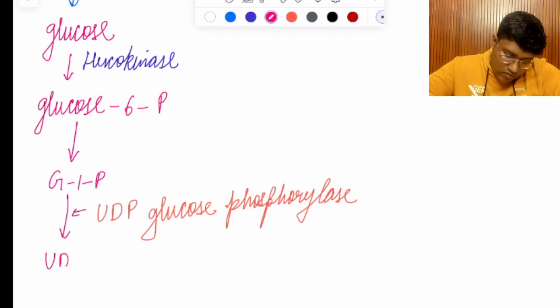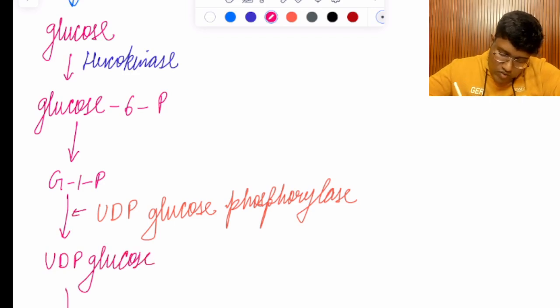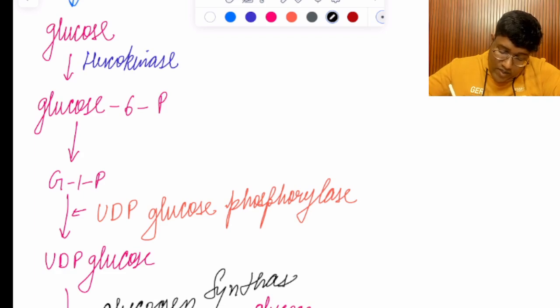It makes a UDP glucose, and this UDP glucose is going to become a glycogen when there is something called glycogen synthase, and it becomes glycogen, right? So that's the whole process of glycogen synthesis.